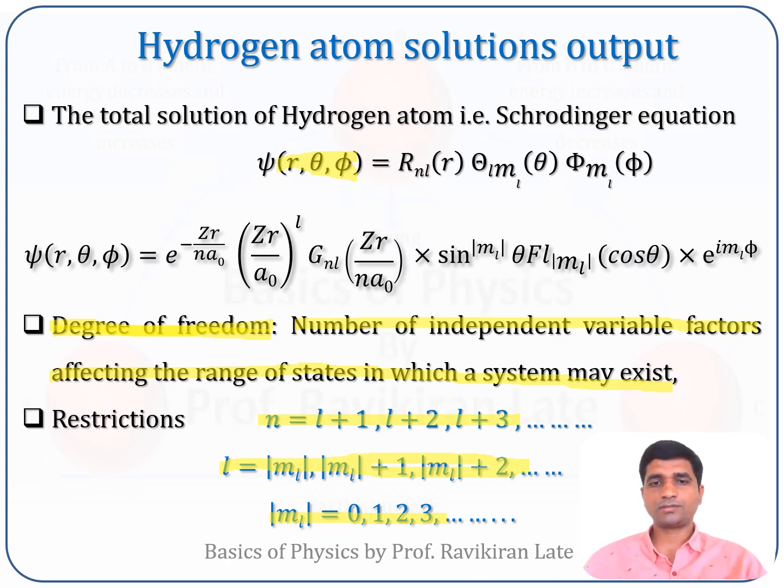These restrictions are a product of applying the Schrodinger equation to the hydrogen atom, and these 3 degrees of freedom in terms of R, theta, and phi impose conditions in terms of n, L, and ML. These restrictions are nothing but the quantum numbers.